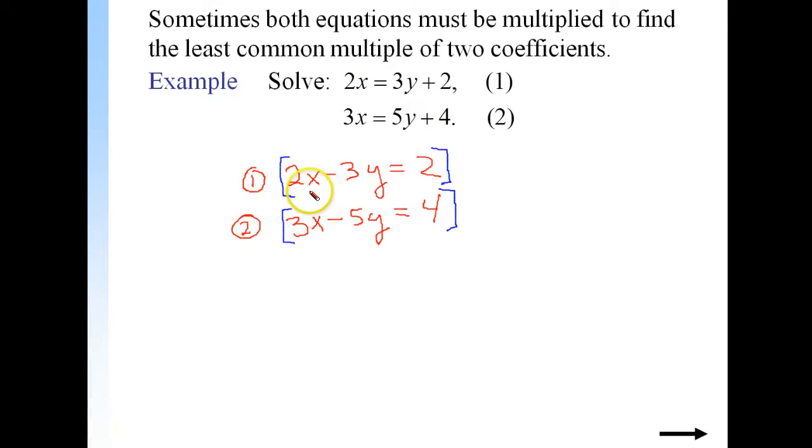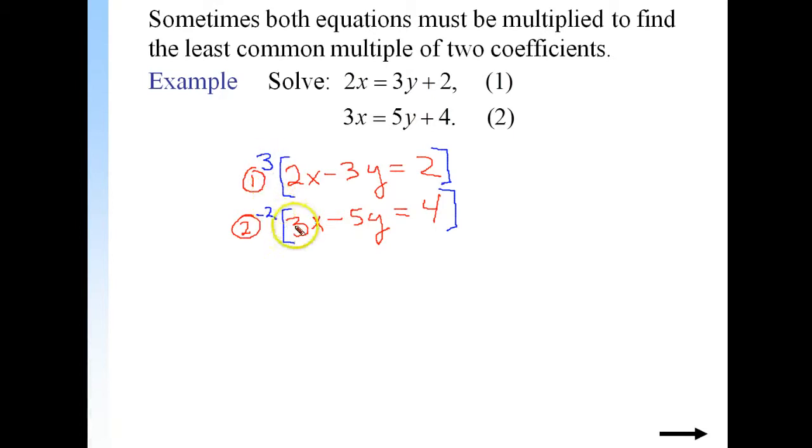Well, since the signs are the same, one's going to have to be a negative. So let's do this one. I think these are the smaller numbers. I'm going to multiply this by a 3 each term and multiply this one by a negative 2.